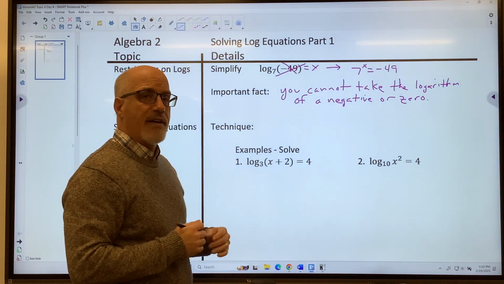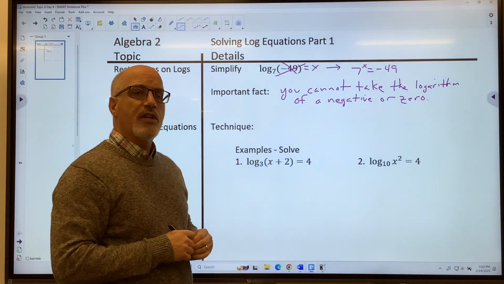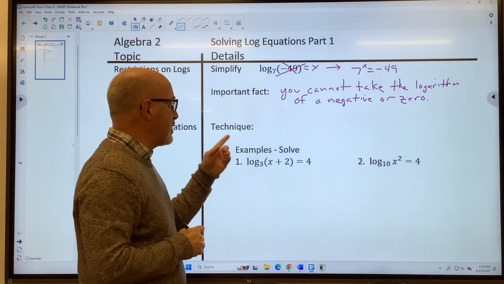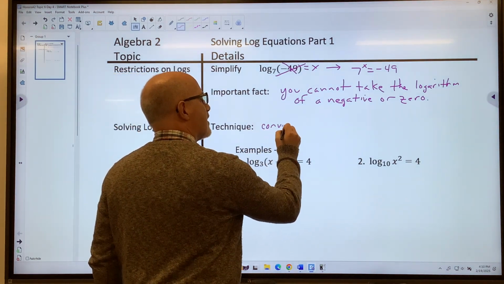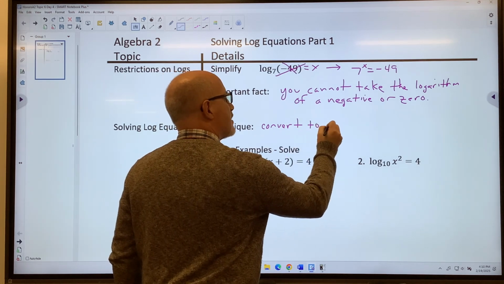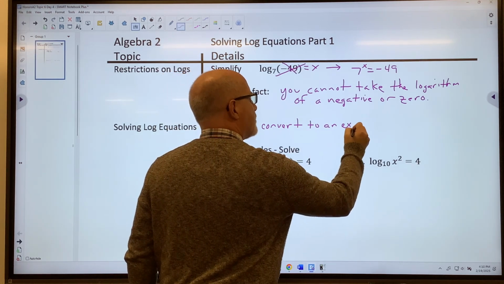It's going to lead to the fact that when we do log problems, you're going to have to check your answers. So the technique we're going to use is to convert to an exponential and solve.